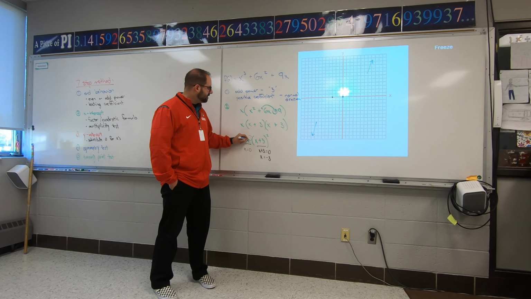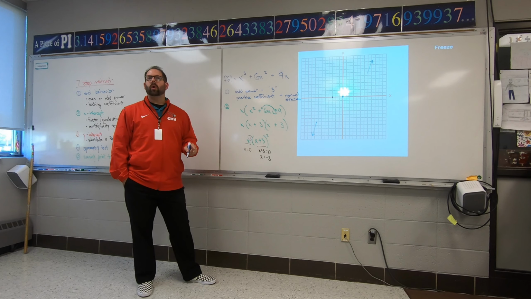If it is an odd number, you are going to pass through that x-intercept. So any odd power will pass through. If it is an even power, you are going to bounce off of that x-intercept. So you will pass through the 0 and you will bounce off of -3.